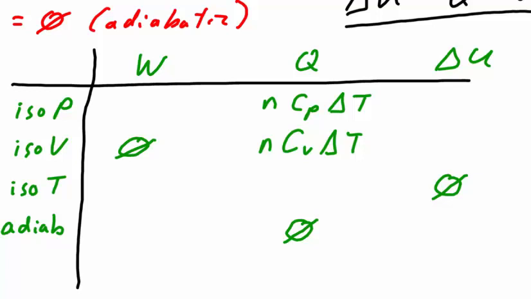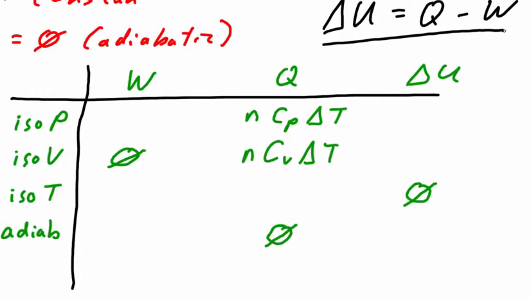We have done so in the constant volume row, and as a result we plug in 0 for the work, nCv delta T for the heat, and we find that the change in internal energy must be nCv delta T. If in the earliest studies of thermodynamics people had understood the concept of internal energy, they would have recognized that there is a unique relationship between change in internal energy and change in temperature.